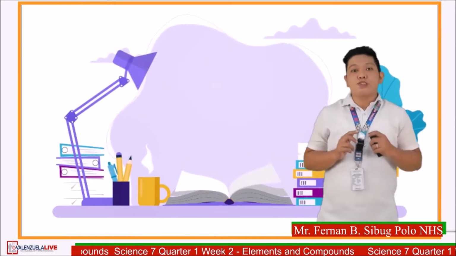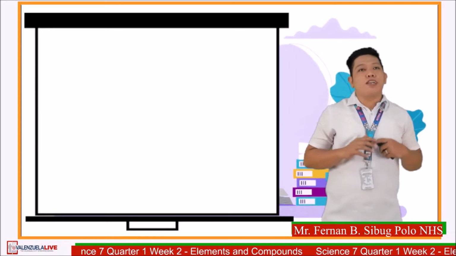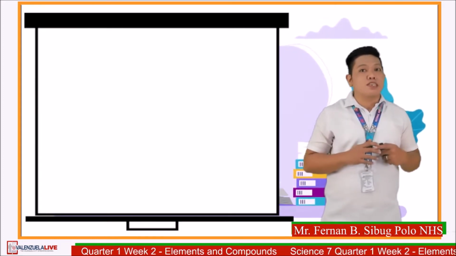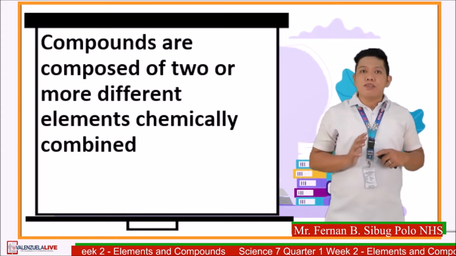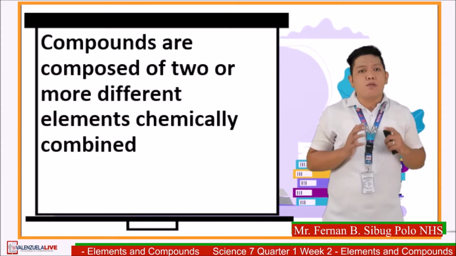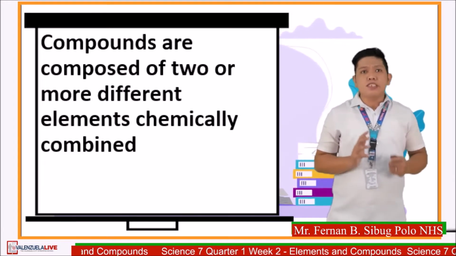Are you now ready to know what compounds are? When elements combine with another element, a new substance is formed, and that is a compound. Compounds are composed of 2 or more different substances that are chemically combined. Here's an example.